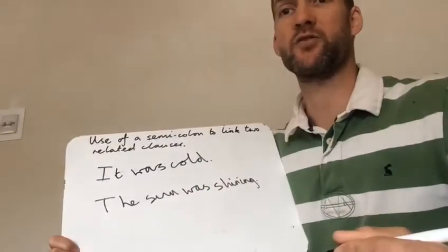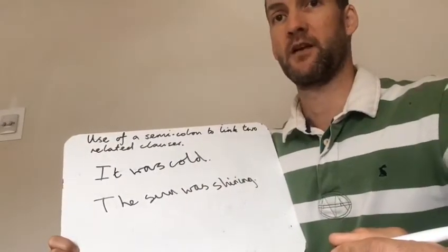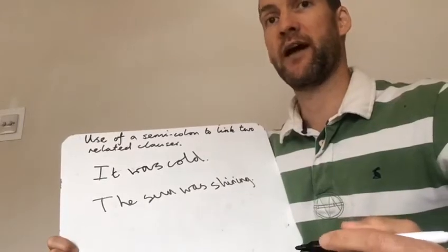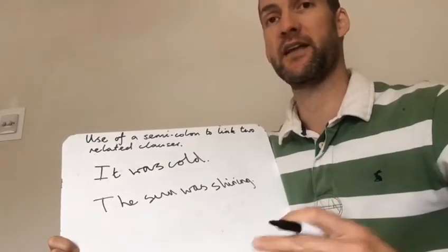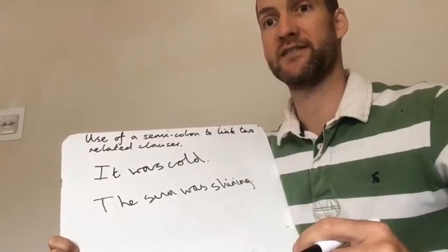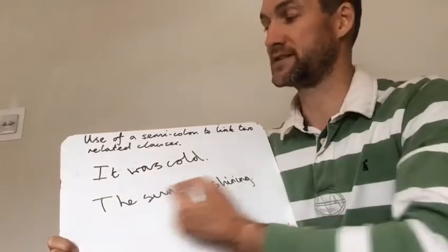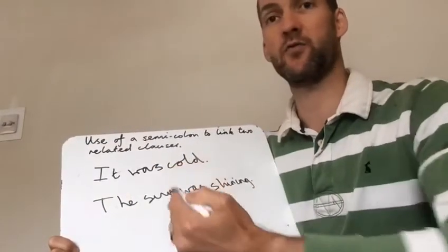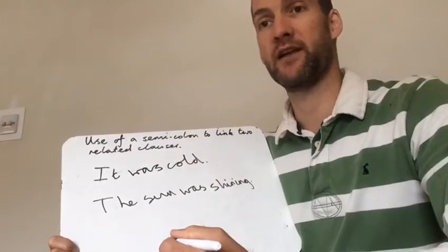The sun was shining. Now, rather than having two separate clauses, we could link those together within one sentence. So we can join our second clause to our first clause because they could be related.